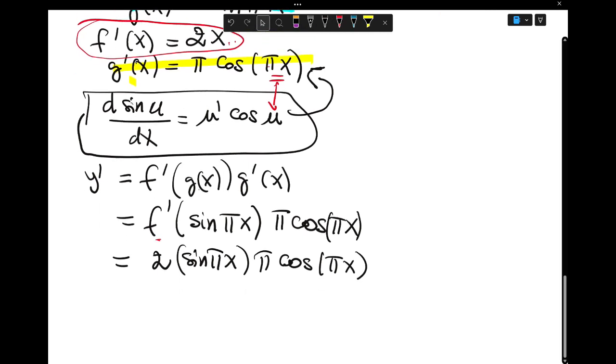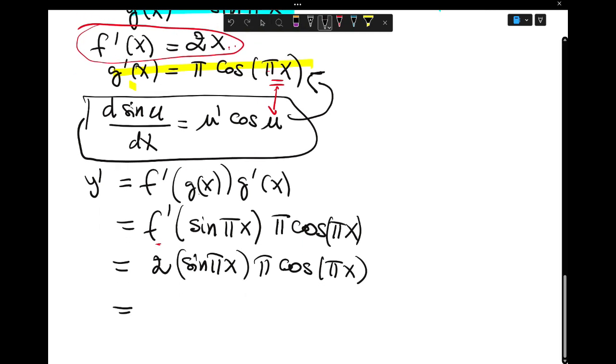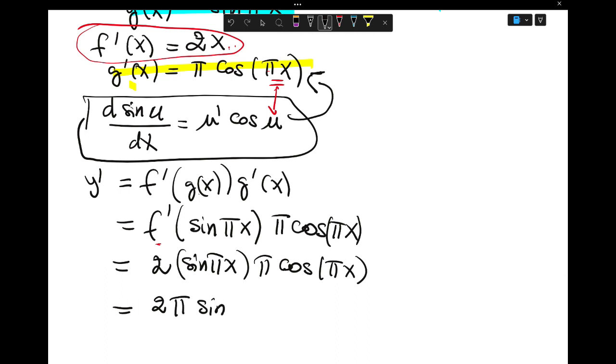All right, so the final result is going to be 2 pi times sine pi x multiplied by cosine of pi x, and this is the final result.